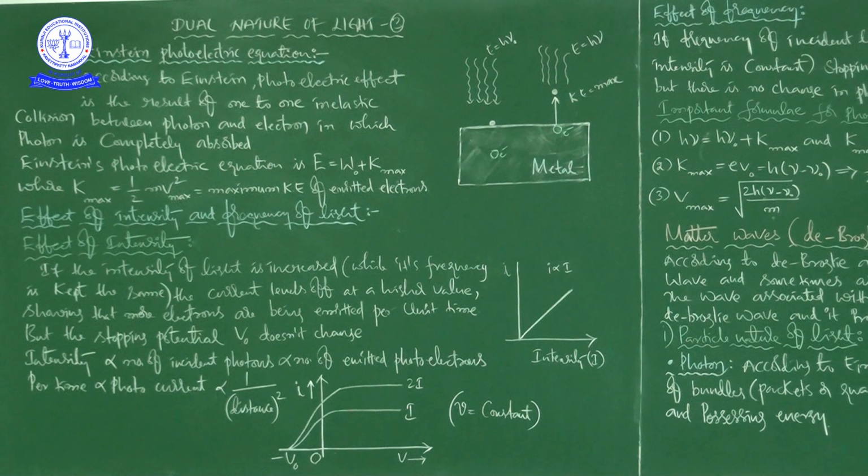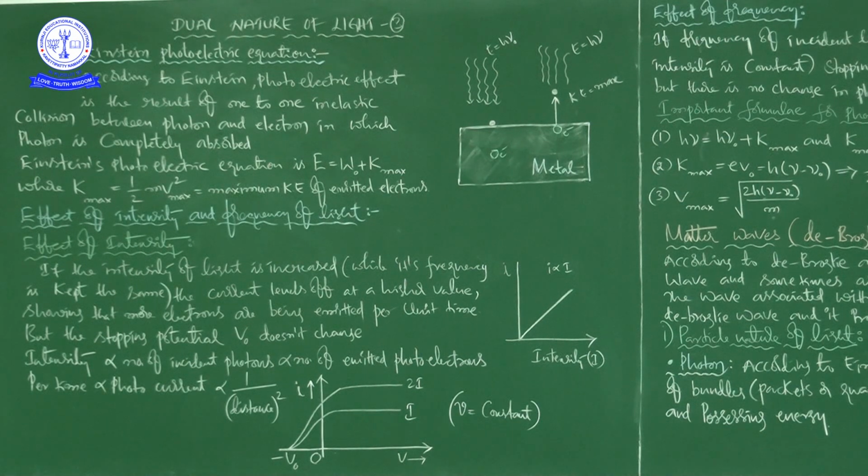Our previous classes concentrated there only. That is what I want to say before starting this class. That is why we discussed what is work function, what is threshold frequency and what is threshold wavelength.